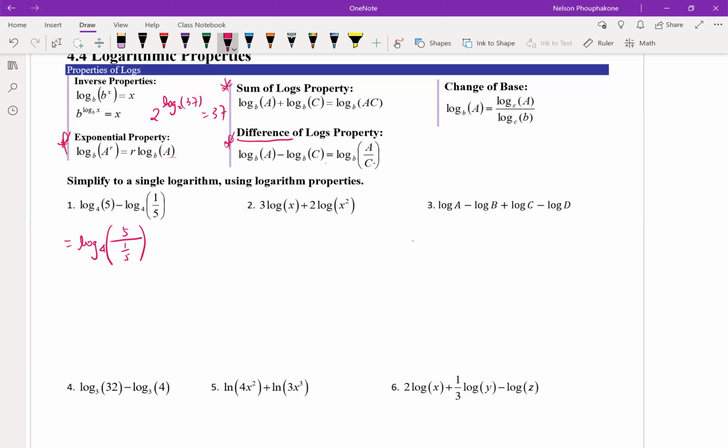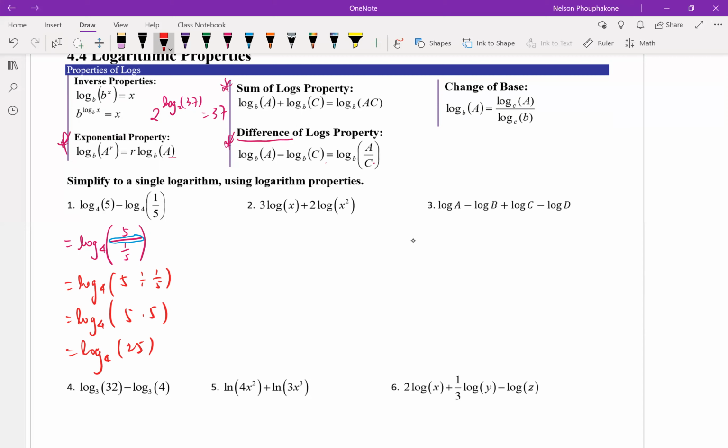You have to understand that this means division. So I will have log base 4 of 5 divided by 1 over 5, which is log base 4 of 5 times 5. So I have log base 4 of 25.